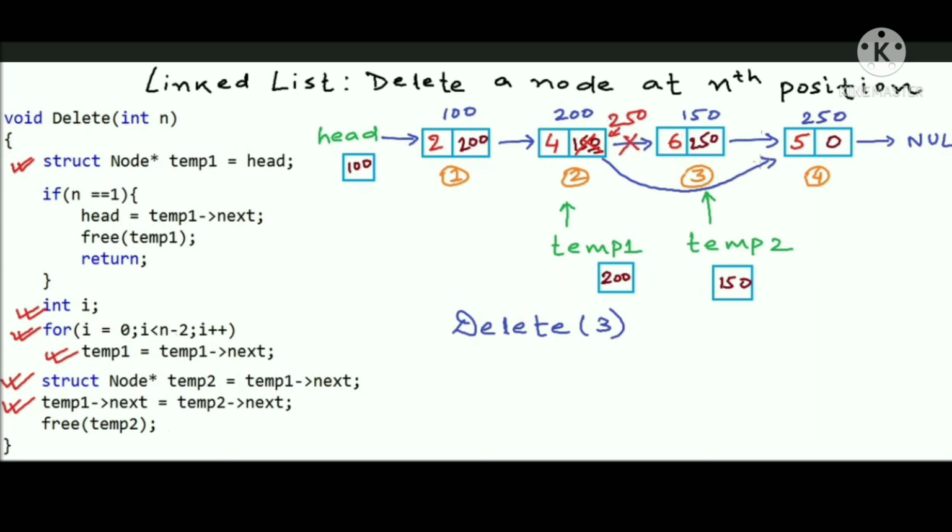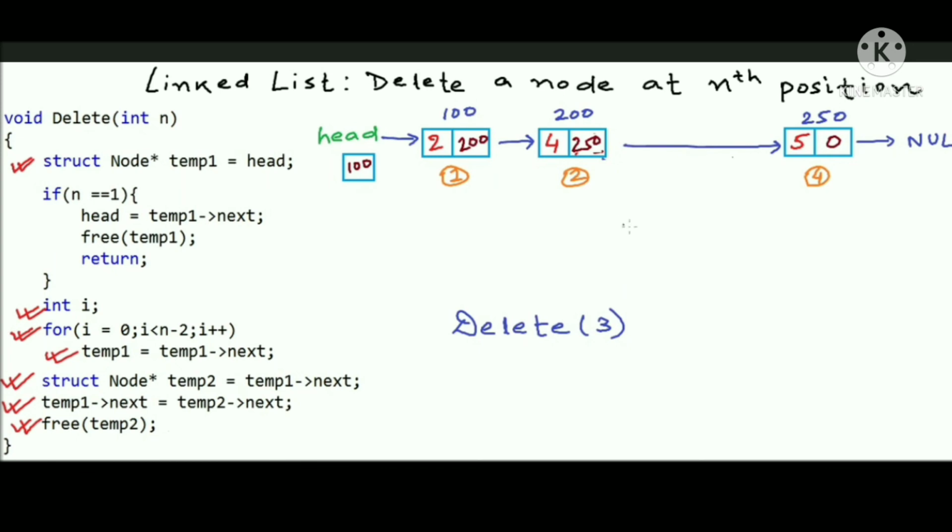And now finally we are saying free the memory which is being pointed to by temp2. So now this third node, the memory block, will be deleted from the memory. And once this function execution finishes, all the local variables temp1 and temp2 will be cleared, and this is what the list will be. This node at address 250 will now be the third node.